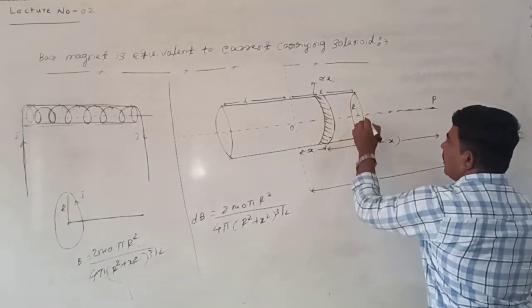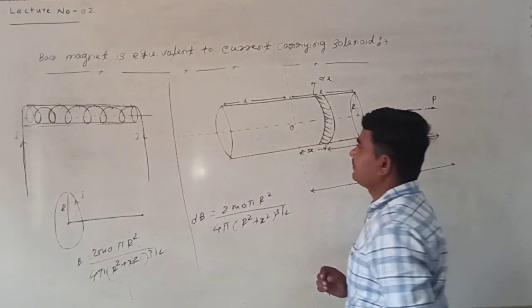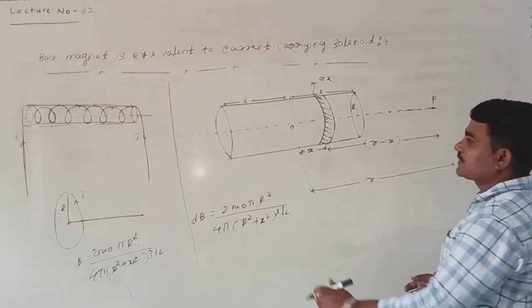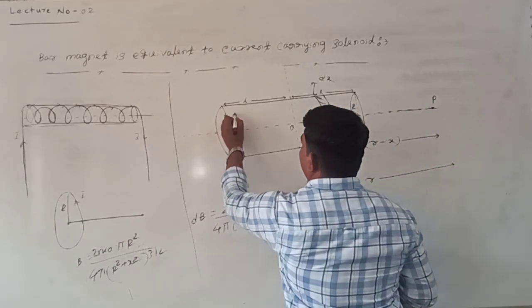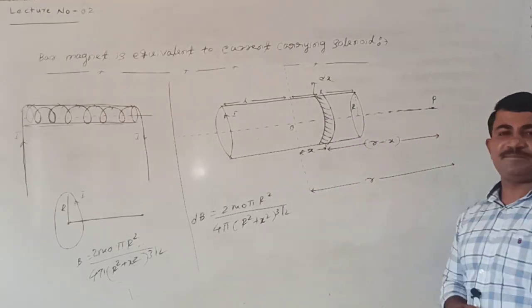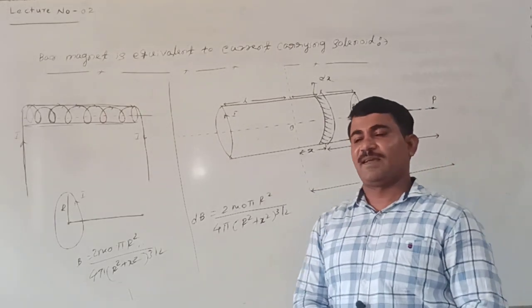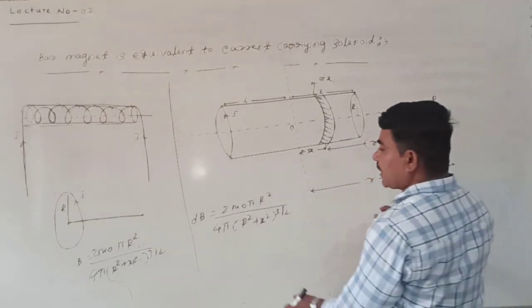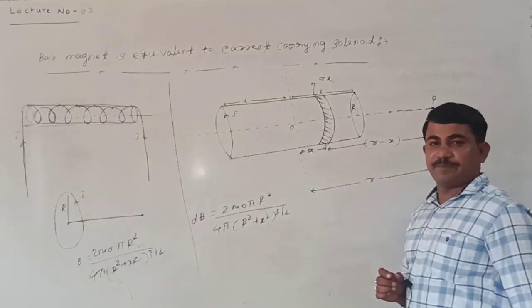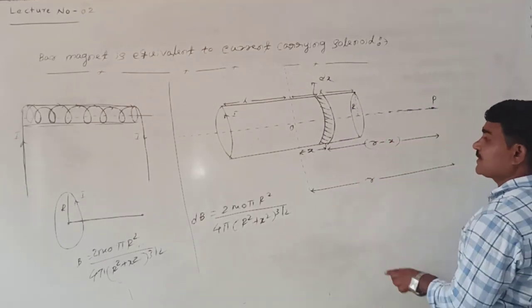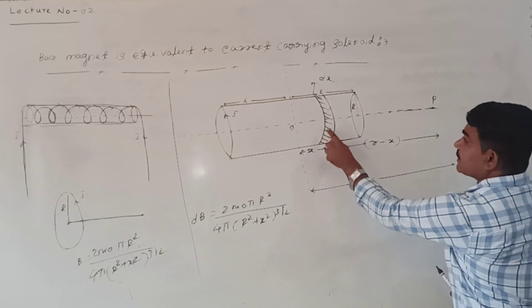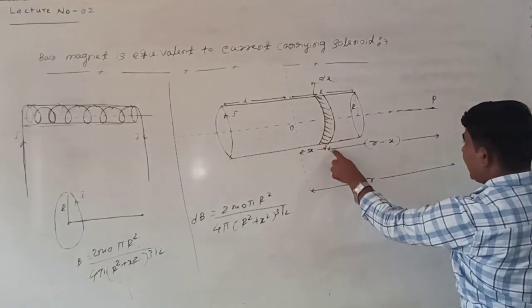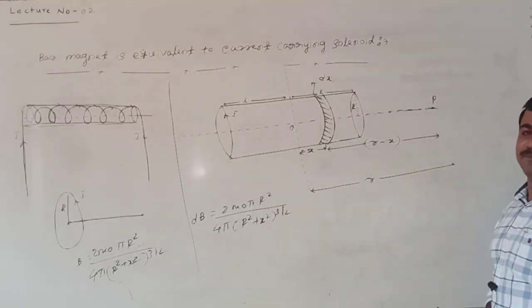I can take it here, or here, no matter, right? How much current is carrying here? Let us take this much current. Then for one circular turn we need this much magnetic field. But here I need the distance from the circular element to the observation point.